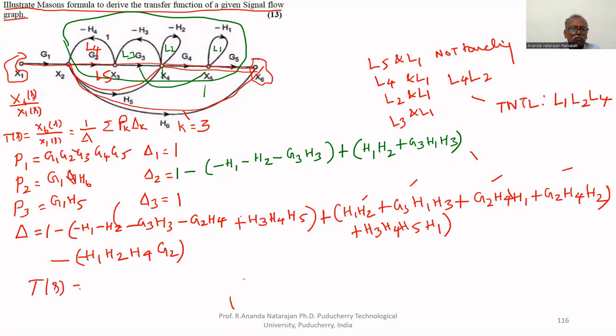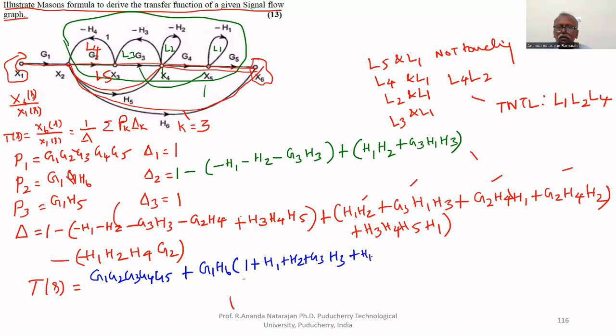T(s) equals the numerator: G1 G2 G3 G4 G5 plus G1 H6 multiplied by (1 plus H1 plus H2 plus G3 H3, then H4 plus H1 H2 plus G3 H1 H3), plus G1 H5.